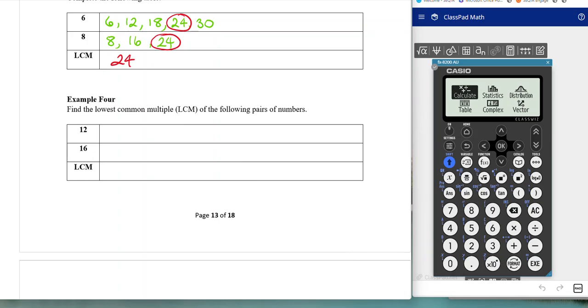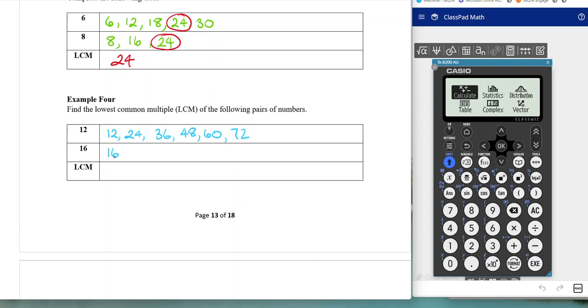Question 4, writing out some 12 times tables. 12, 24, 36, 48, 60, 72. That's probably enough. Let's see how we go. Let's do 16 times tables, which you probably don't know, but you're going to add on 16 each time.